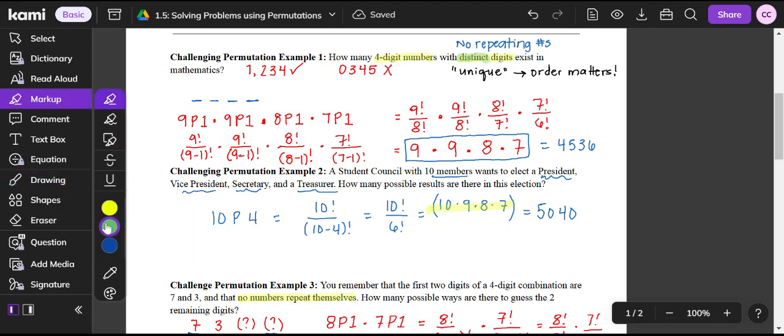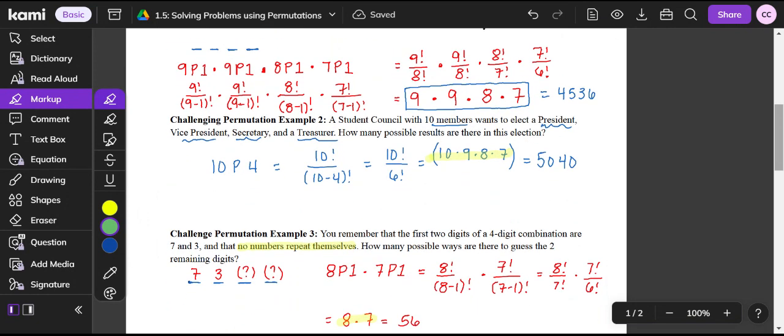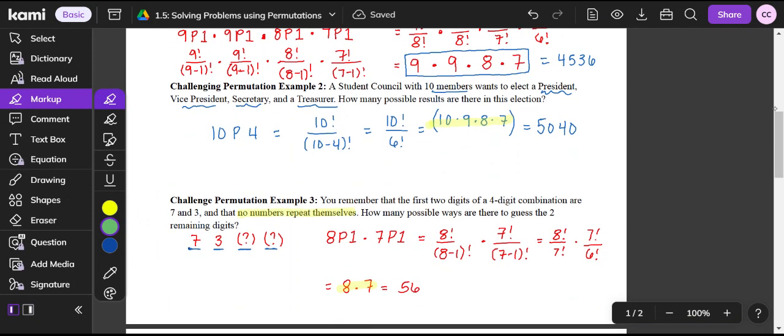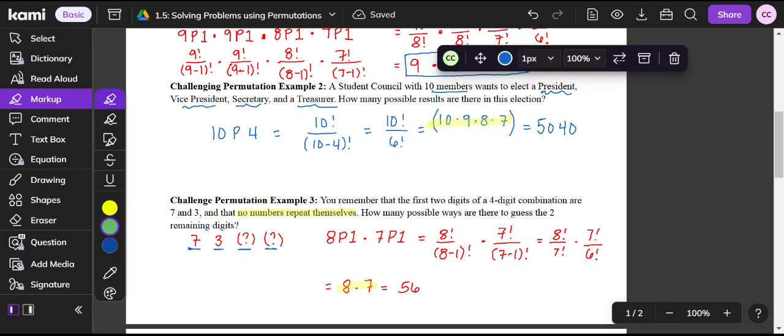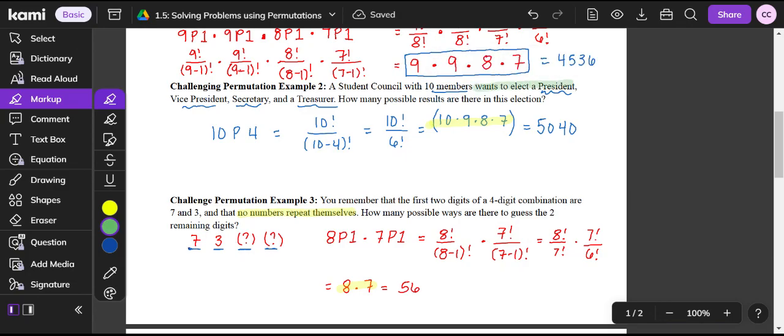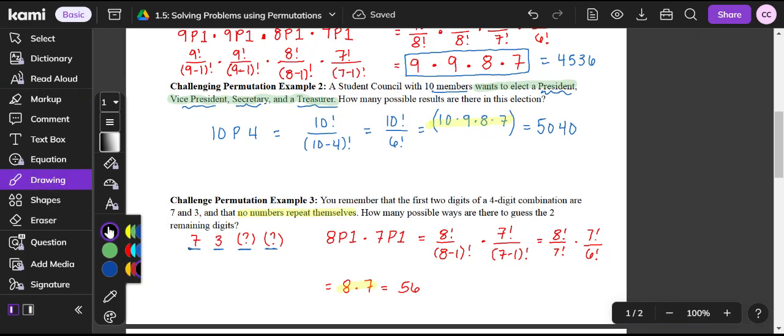Okay, let's look at this next one. In problem 2, it says a student council with 10 members wants to elect a president, vice president, secretary, and a treasurer. So this is a really common permutation problem. And I'm going to go ahead and highlight this phrase right here. I know we've actually already underlined part of that phrase, but now to point it out to you more directly, there are defined roles in this problem.